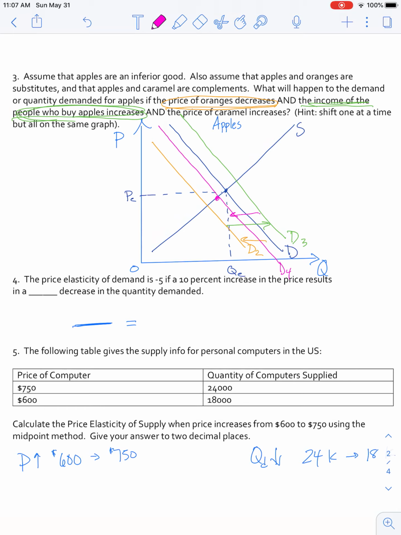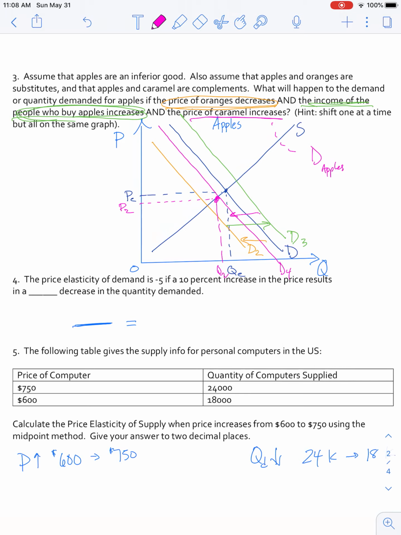So in my graph, I ended up here at a price that's a little bit lower and a quantity that's a little bit lower as well. But yours could look different. It all depends on the magnitude of the shifts. What I want to see is that an increase in the price of caramel leads to a decrease in the demand for apples, right?